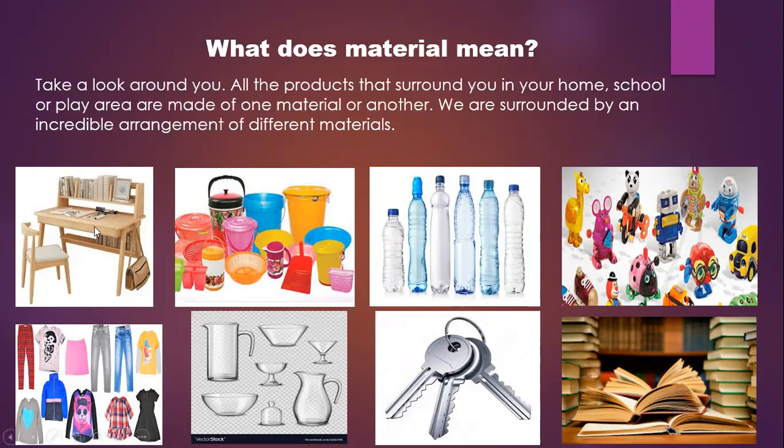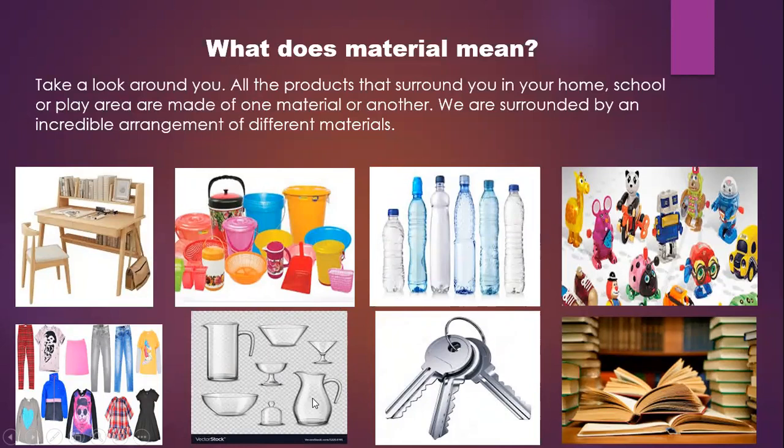Look, if you are sitting on a chair, maybe it is made of wood or maybe metal. You have a pencil or book or notebook, then it is made of paper. If you have a water bottle, then it is plastic. You are wearing clothes, they are fabric made of fibers. These are the different types of utensils that your mothers use in the kitchen.